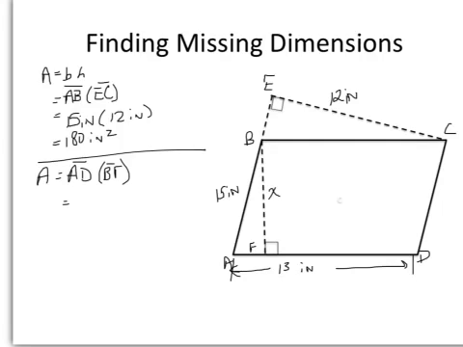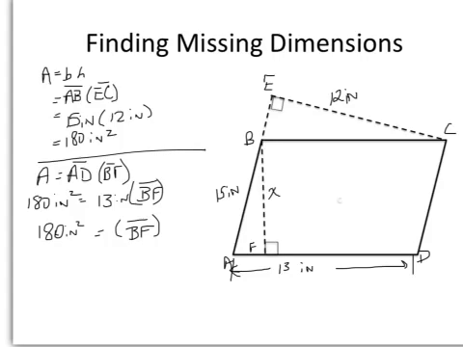So I will know that 180 inches squared should equal the AD dimension, which is 13 inches, times the segment BF that we're looking for. So that segment length BF should equal 180 inches squared divided by 13 inches.